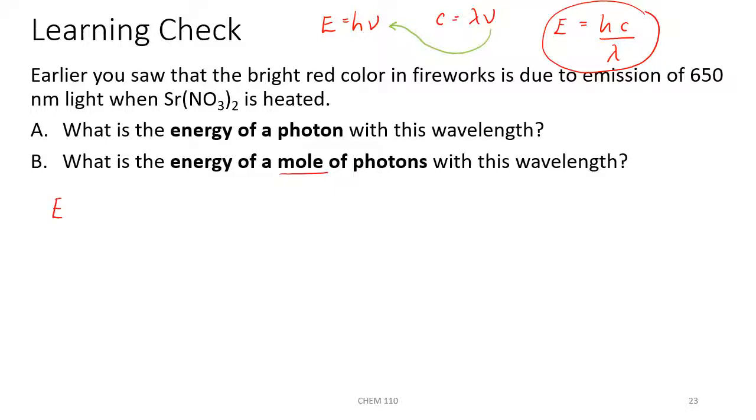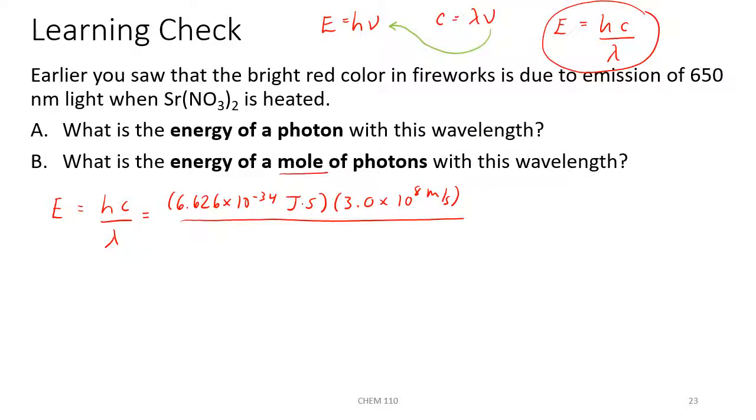So the energy is equal to hc over lambda, which will be equal to 6.626 times 10 to the negative 34th joules times seconds, times the speed of light, which is 3.0 times 10 to the 8th meters per second, divided by our wavelength, 650 nanometers, but we're going to have to convert our nanometers into units of meters.